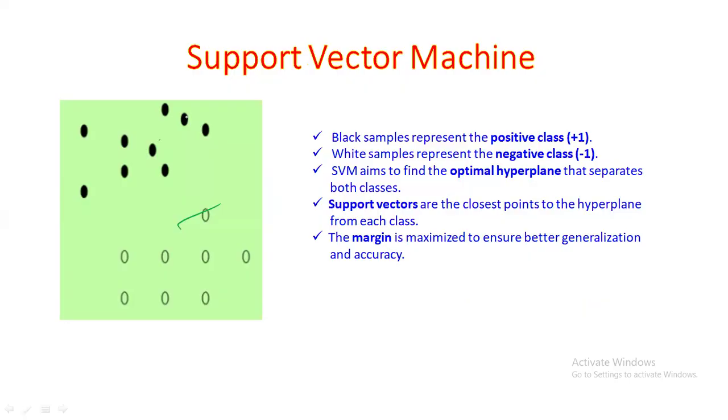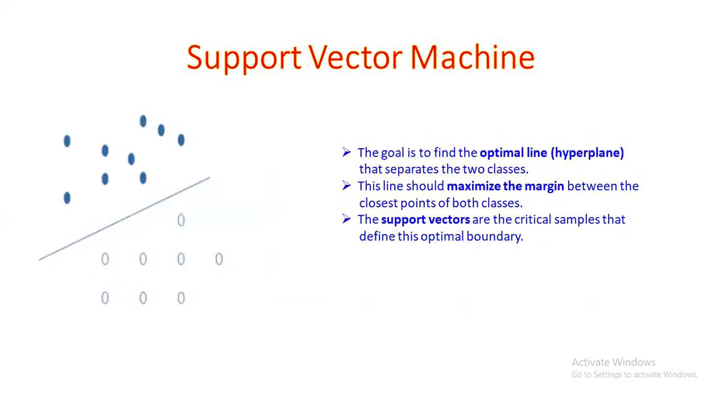Here it classifies. The black line samples represent the positive samples, and this represents the negative samples. This SVM is able to classify the positive class from the negative class by using the hyperplane, and the support vectors are the closest points to the hyperplane from each class. The margin is maximized to ensure better generalization and accuracy.